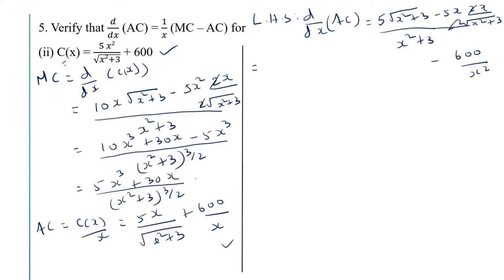So this is equal to, we have 5x square plus 15 minus 5x square divided by x square plus 3 the whole raised to 3 by 2 minus 600 by x square.